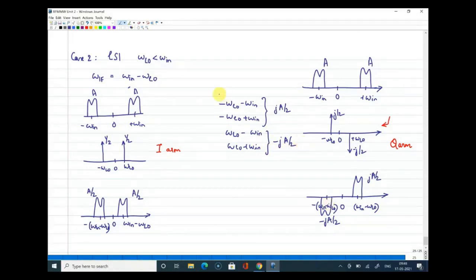So if I look at the top one, I'm just rewriting this again. It is minus of omega LO plus omega in. Anyway, this is a high frequency component. We are not bothered about this.